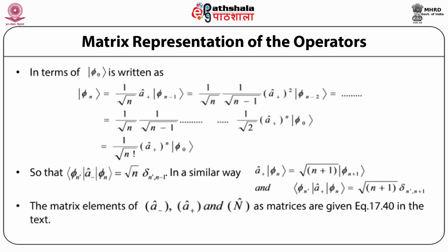And the expectation value of the eigenvector phi n is given as bra vector phi n prime, the raising operator A plus, ket vector phi n, is equal to under root n plus 1 delta operator n prime comma n plus 1, where the delta operator gives the value of 1 for n prime equal to n plus 1, and for all other n prime not equal to n plus 1, it returns the value 0.